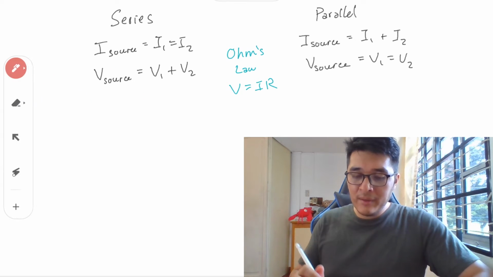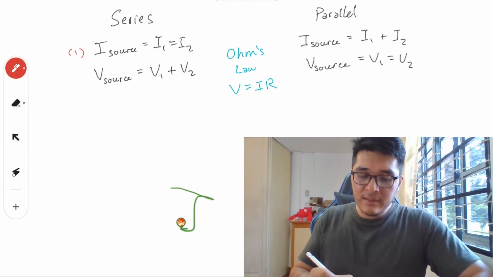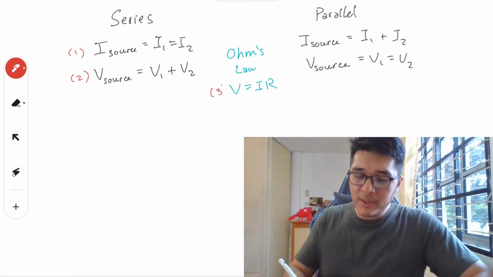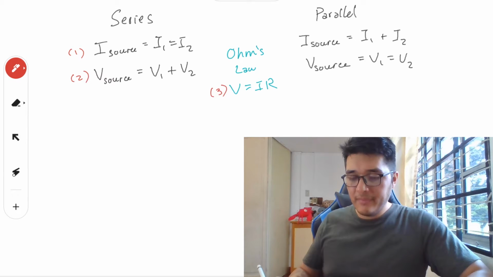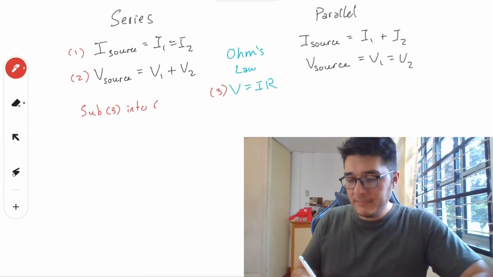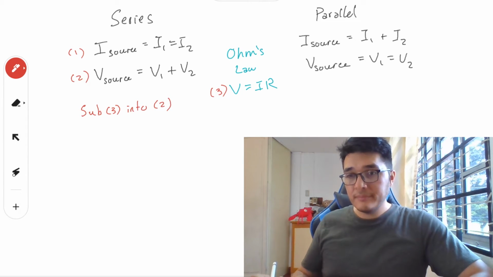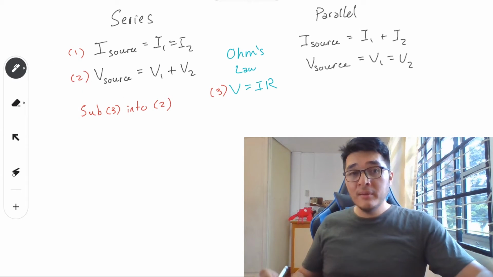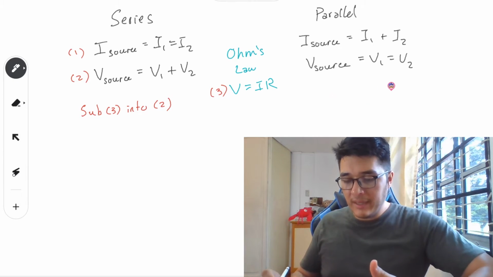So what we're going to do now is label this as equation 1, equation 2, and Ohm's law, let's call it equation 3. So we're going to substitute equation 3 into 2. Are you following along? Okay, good.